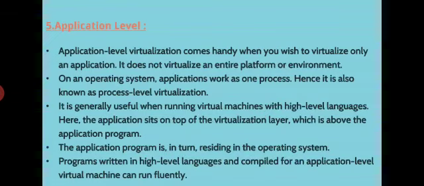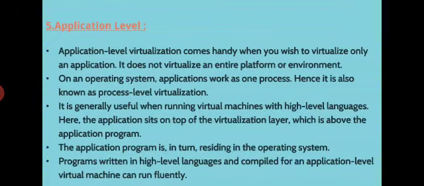Programs written in high level languages and compiled for an application level virtual machine can run fluently. What does it mean? Application level virtualization virtualizes an application as a virtual machine. On a traditional operating system, an application often runs as a process, therefore it is also called process level virtualization.